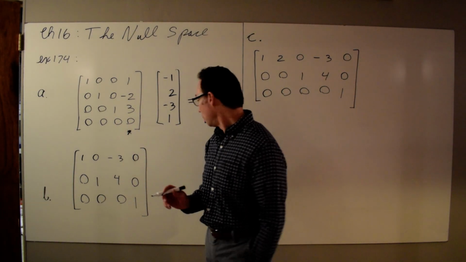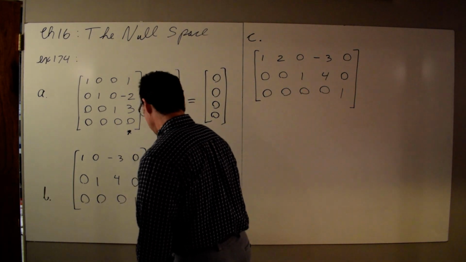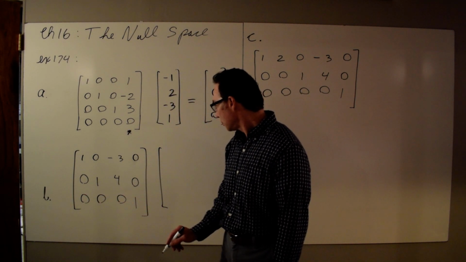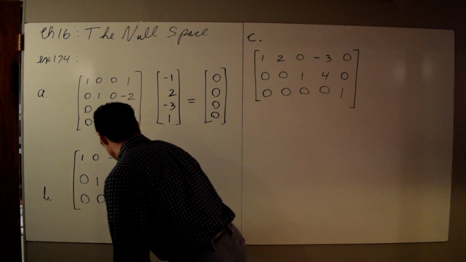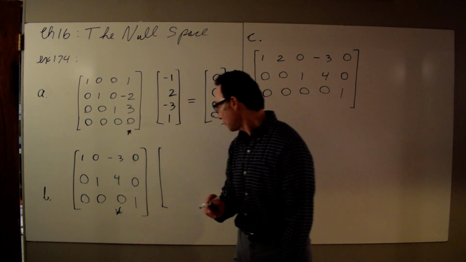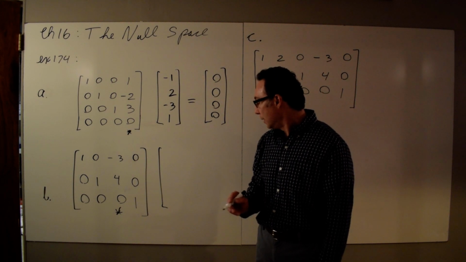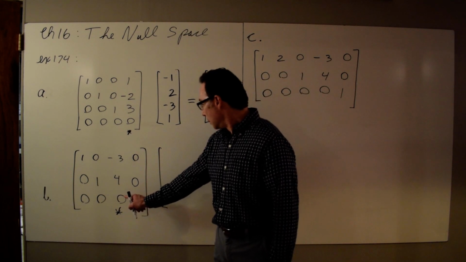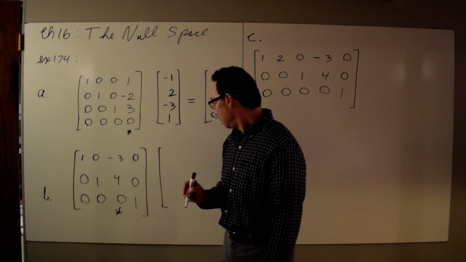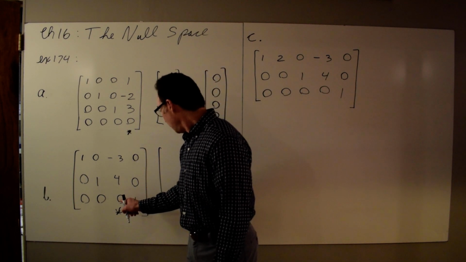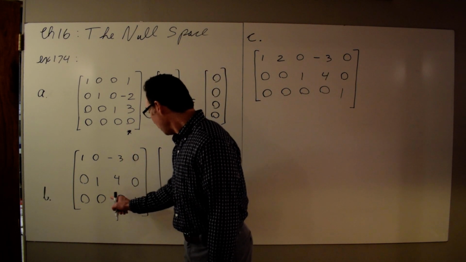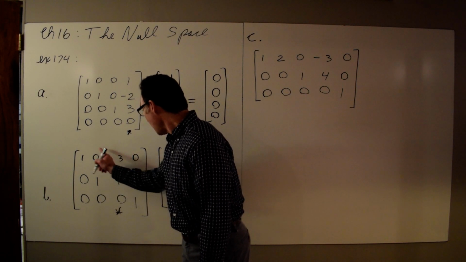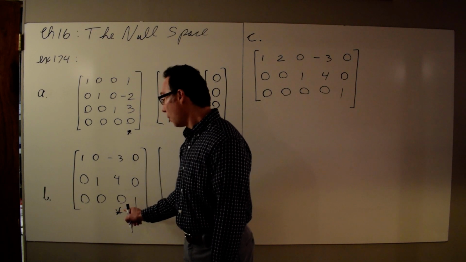Part B is similar. We have 4 columns, we have 3 rows, we have 1 free column. It is the third column. So we're going to find a non-zero vector in the null space using this third column. Again, we look at the third column, we ignore everything above it and to the left, and we have the 2 by 2 identity matrix right here.